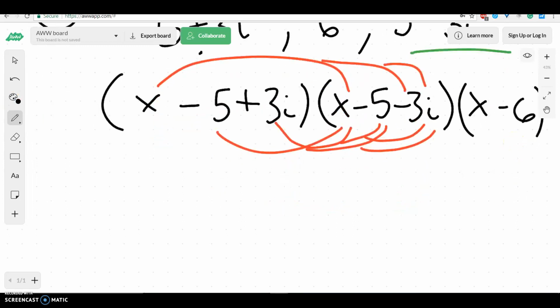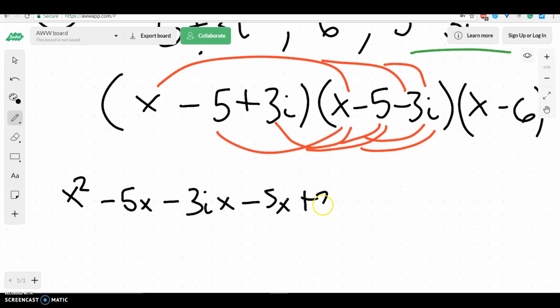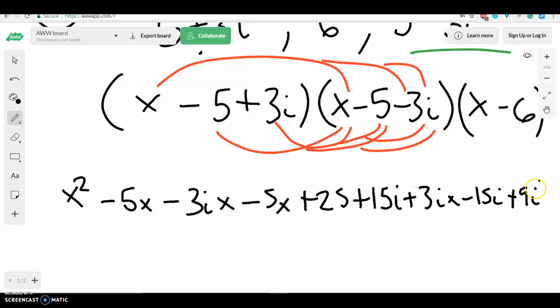For this, we're going to get x squared minus 5x minus 3ix minus 5x plus 25 plus 15i plus 3ix minus 15i, and then plus 9i squared.